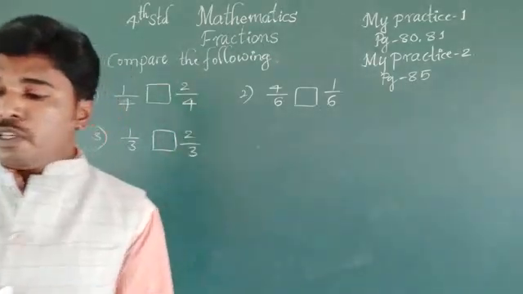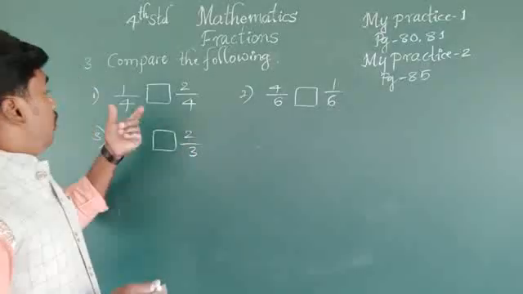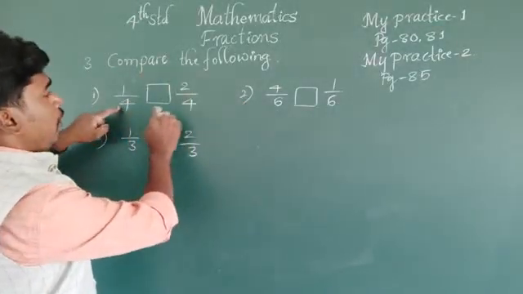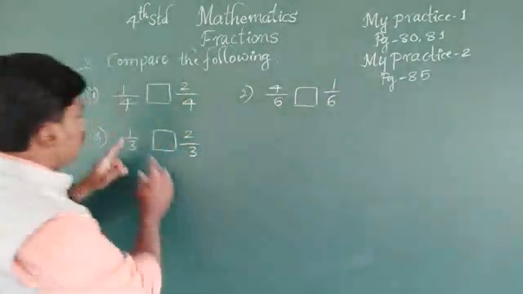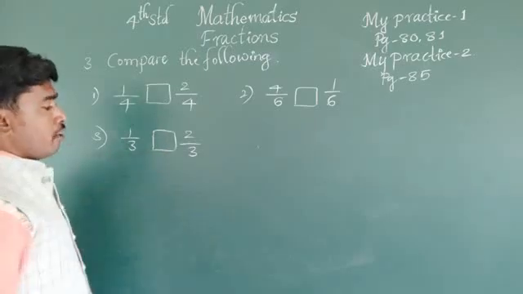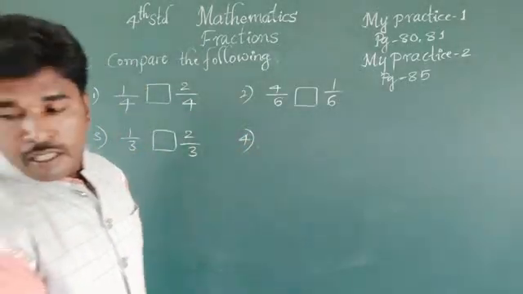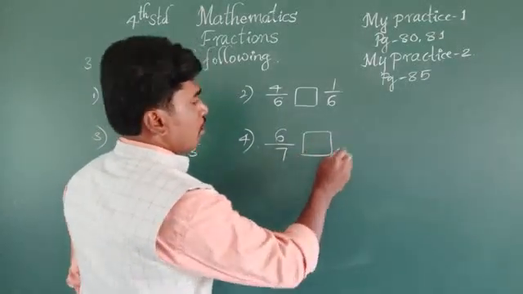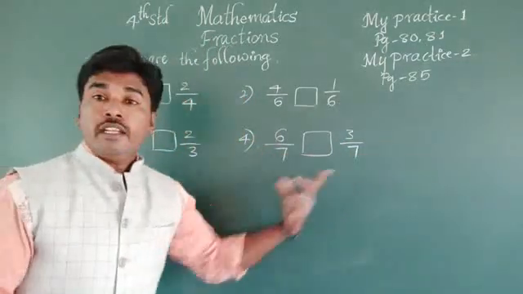Students, observe these fractions. The denominators are same. In the first two fractions the denominators are 4, here the denominators are 6, here the denominators are 3. Fourth one also I could take: 6 by 7 and 3 by 7. The denominators are same.